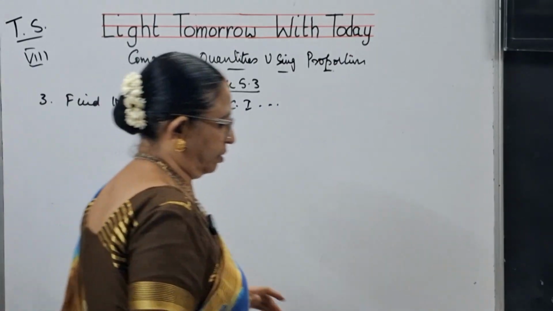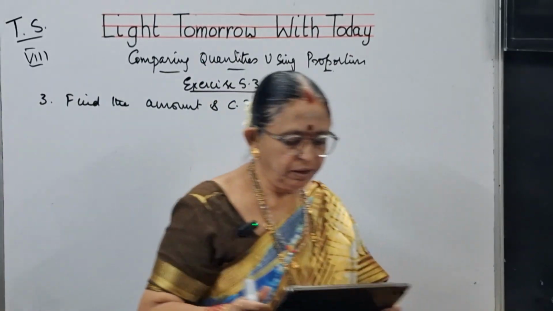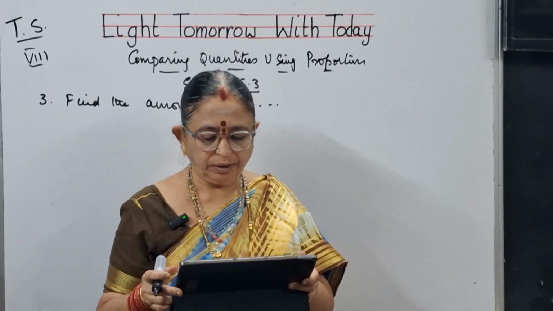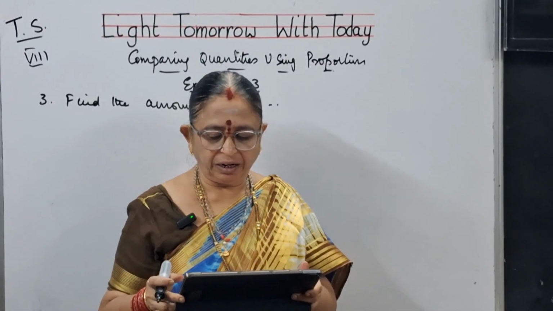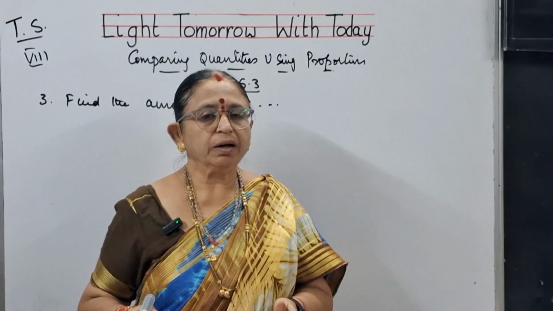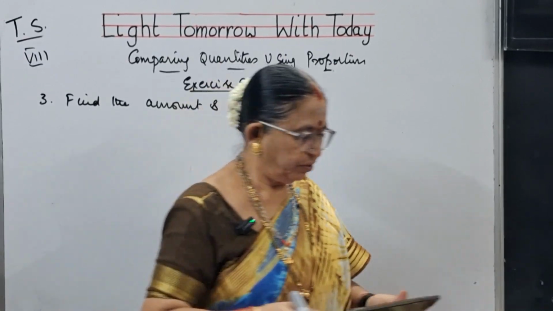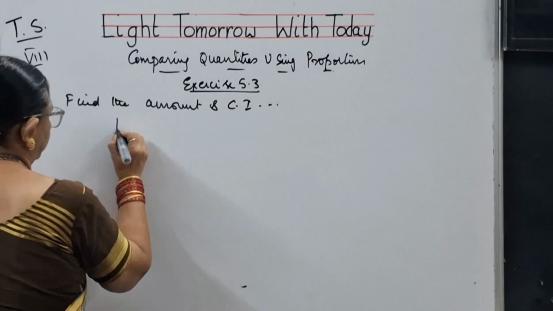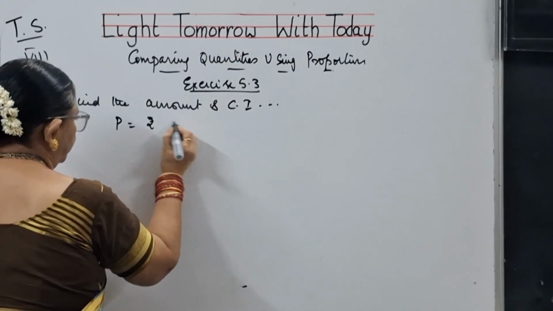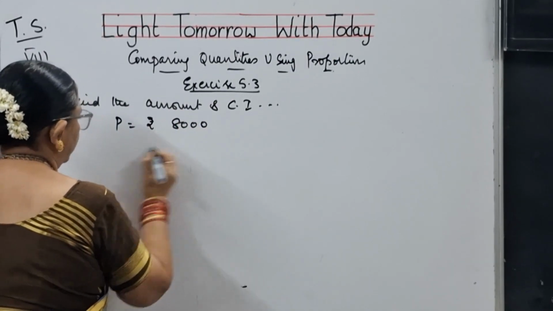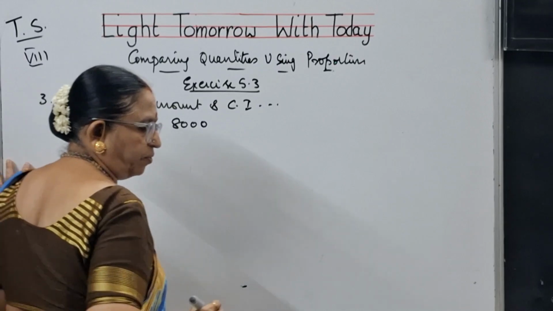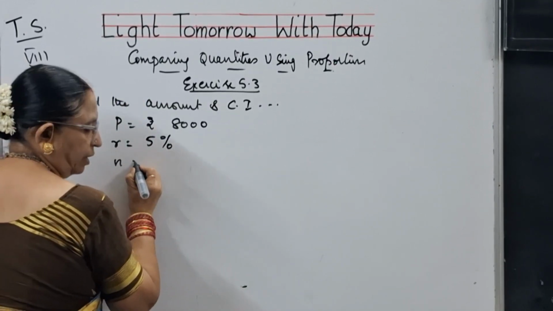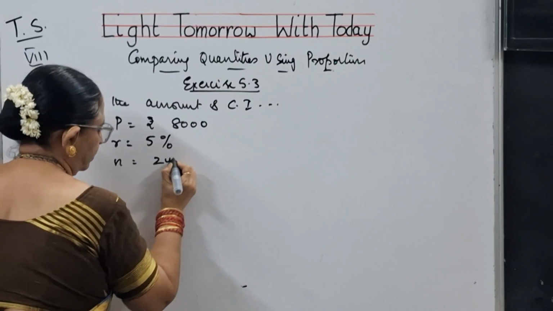Let me read this. Find the amount and the compound interest of rupees 8,000 at 5% per annum for 2 years compounded annually. So they have given principal as 8,000. P is rupees 8,000 and R is given as 5% and N is equal to 2 years.